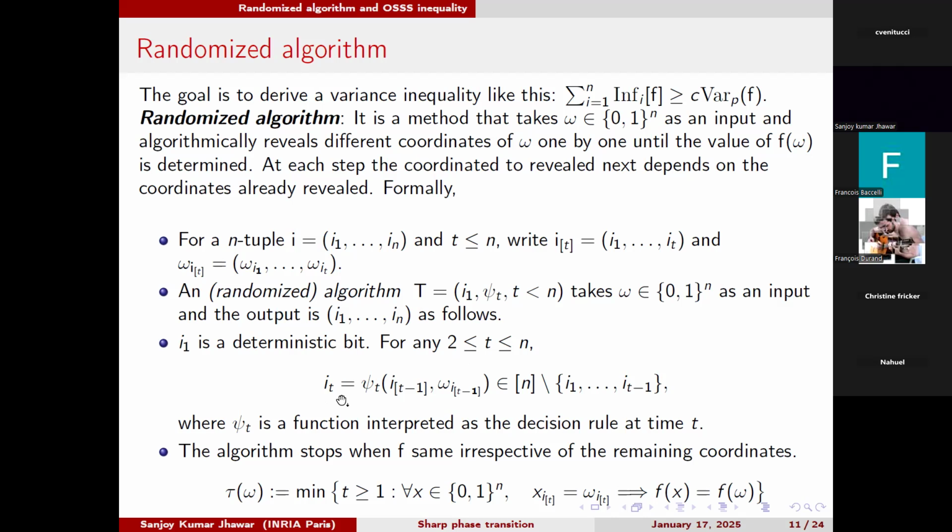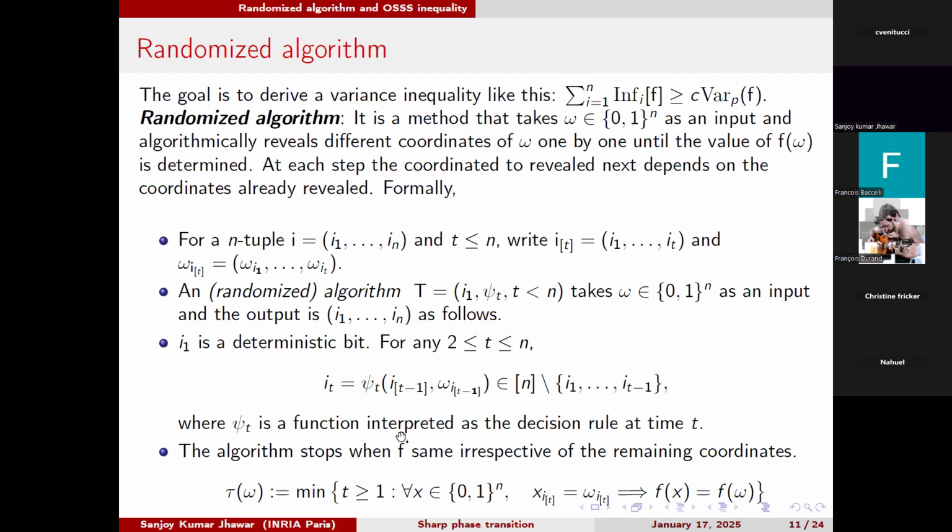That is given by this equation, where psi_t is some deterministic rule that you impose on all the coordinates that are explored or revealed, and the values at those coordinates for omega.